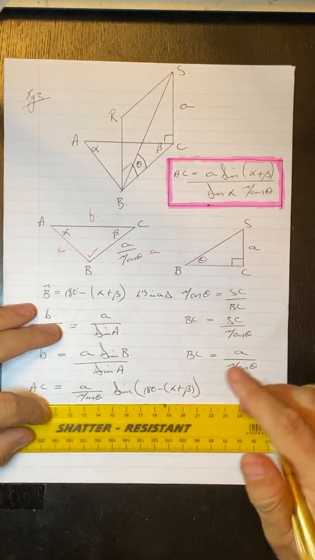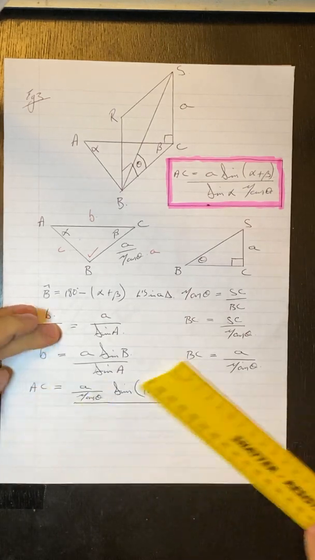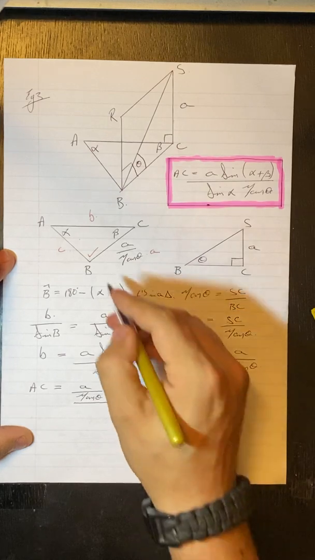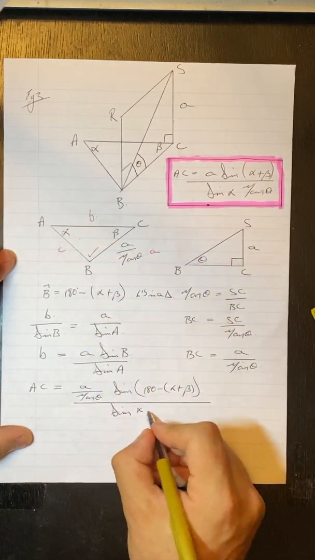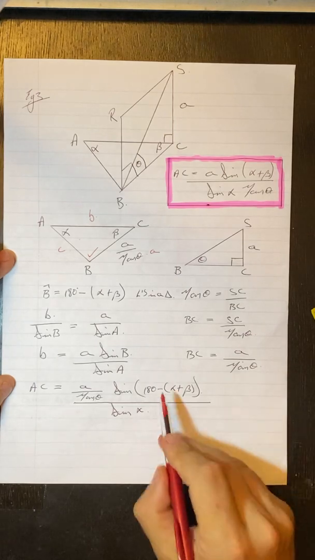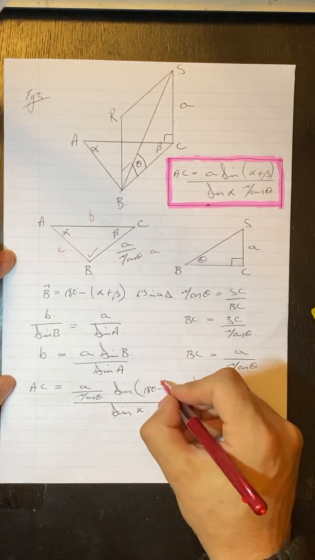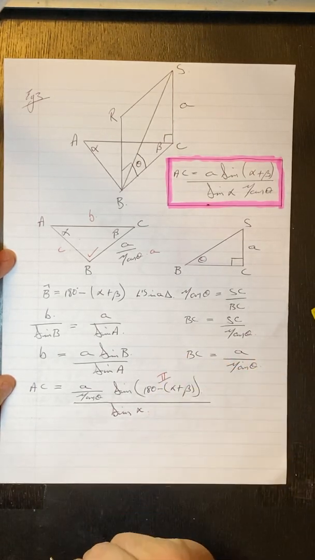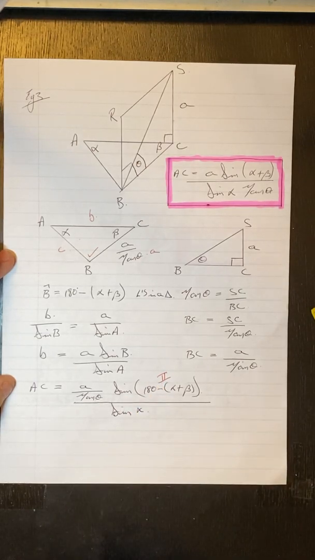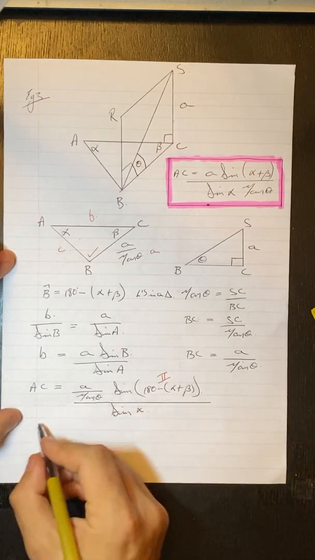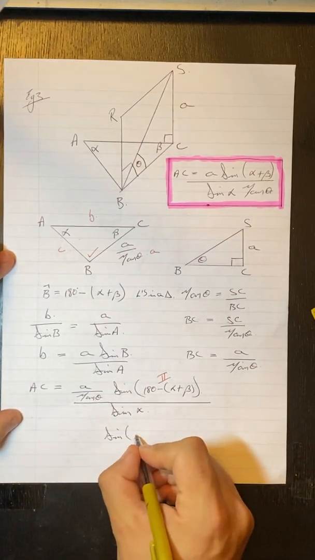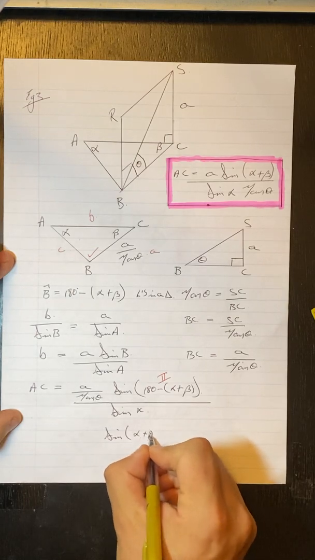This is all over sine A is alpha. So what we can do now is 180 minus is in the second quadrant. And we know that sine in the second quadrant is positive. So this reduces to sine alpha plus beta.